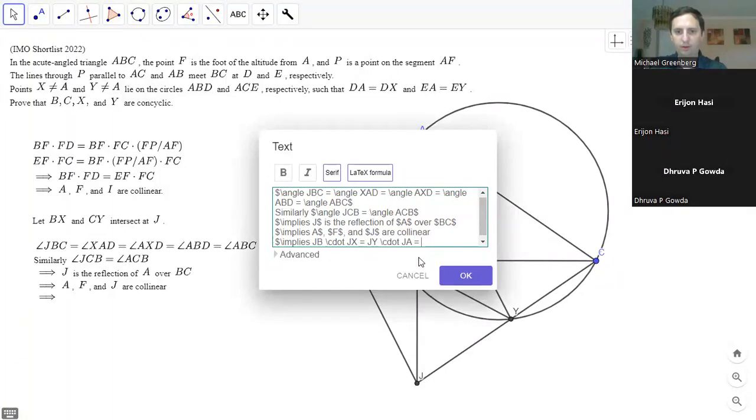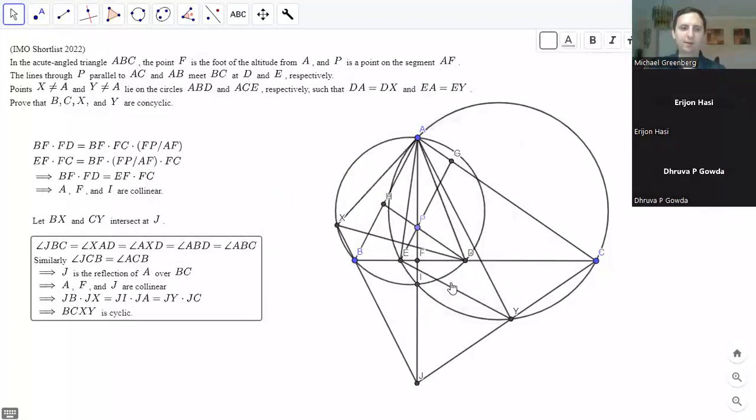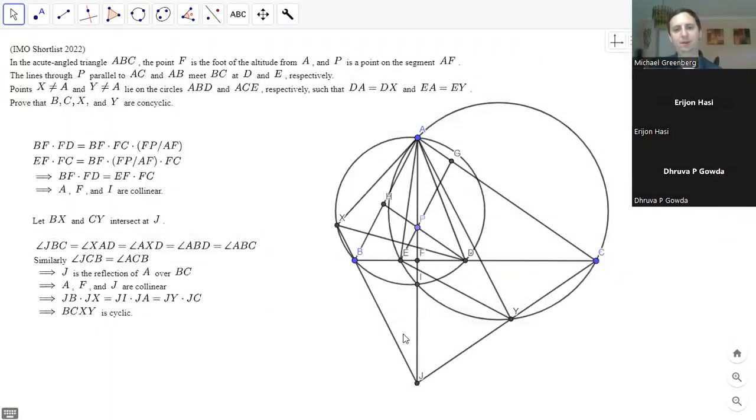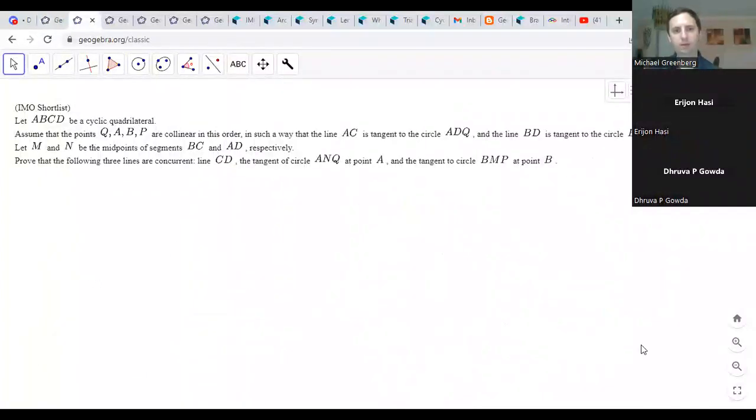Or, I think it's JI times JA equals JY times JC. And that means that ECXY is cyclic. All right. So yeah, not too hard. Thanks. We will move on to the next problem. The reflection finishes it off pretty easy.